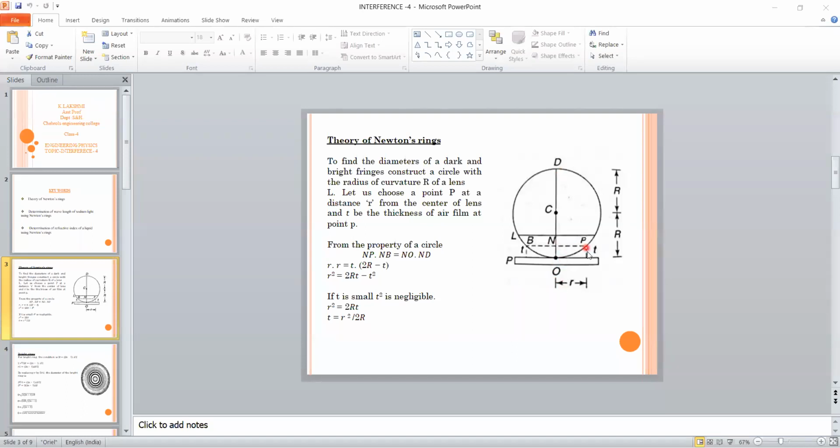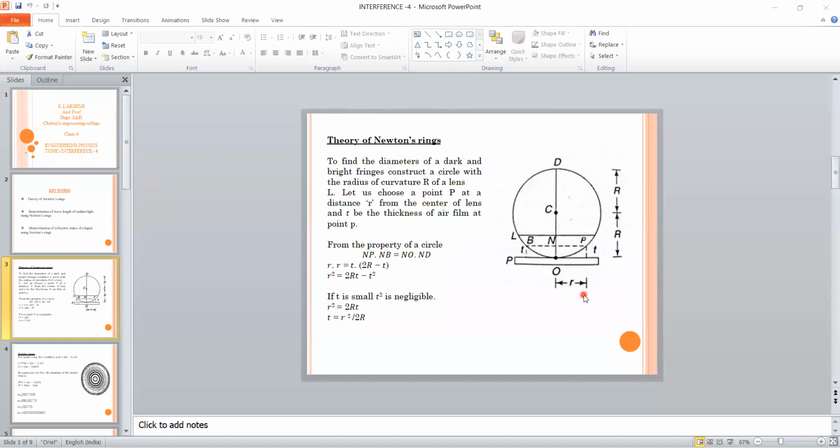Already the NP value is considered as small r. As NB and NP are the same length, whenever NP value is equivalent to r, then automatically NB value is also equivalent to r.